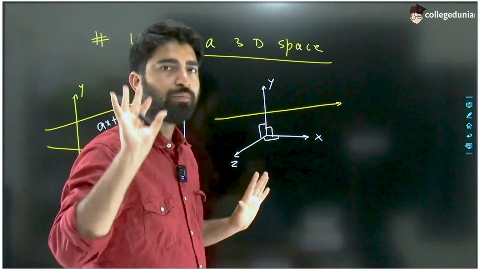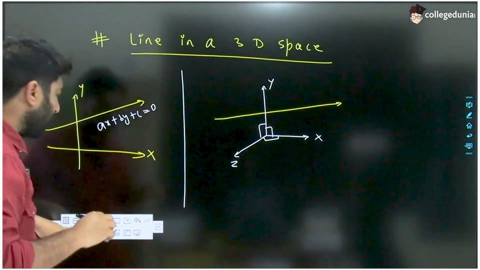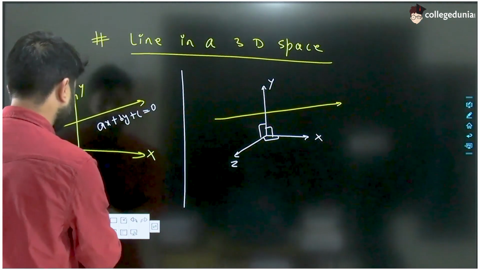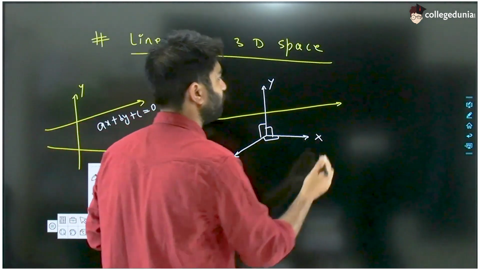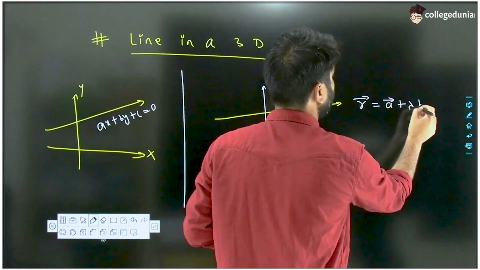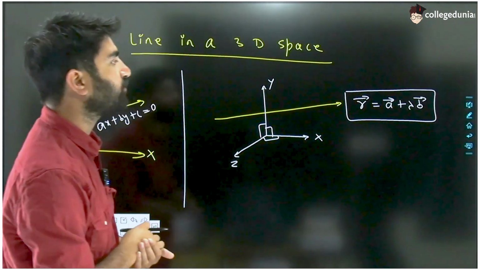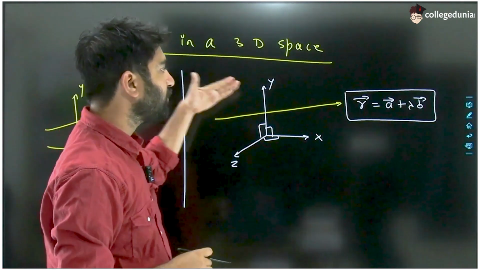Now there are 2 methods of finding the equation of this straight line, and after applying the formula we get a standard form, r vector equal to a vector plus lambda b vector. Now this will be the general form, standard form of a straight line in 3D space.